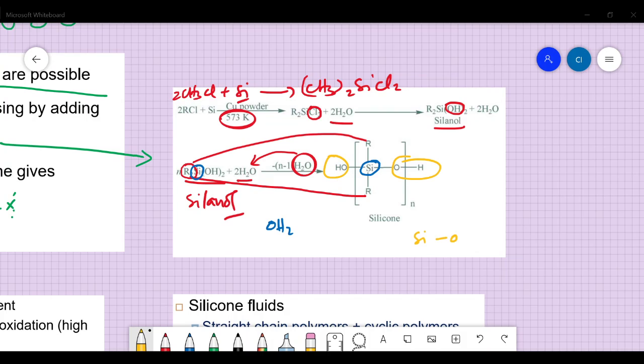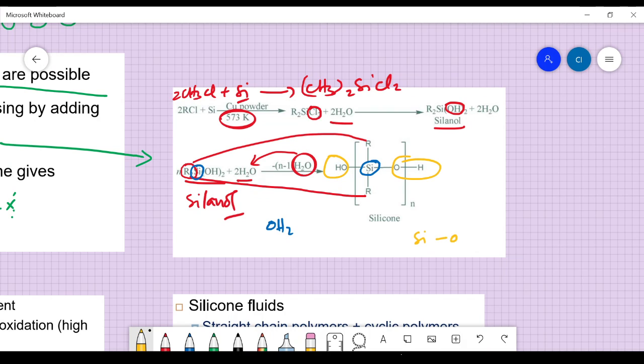So it will go something like SiO, then the next will be SiO, next will be SiO. It keeps on repeating. At the last part you will have OH, and at the first part you will have OH there. So you will have so many Si-O bonds. There is also the possibility that you can have R as a substituent there.